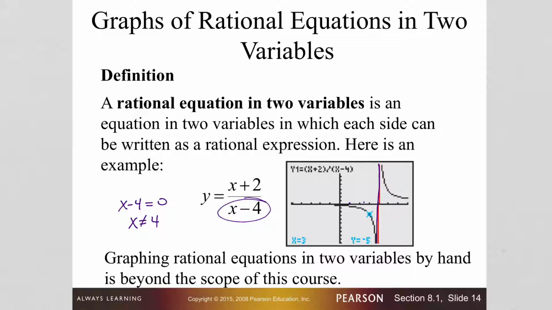So see what it does to the graph? It actually splits it up. So you've got the right side and you've got the left side. That excluded value messes with the graph so much. That's why we say that it is an excluded value. It creates what we call an asymptote there. And that is spelled like this.